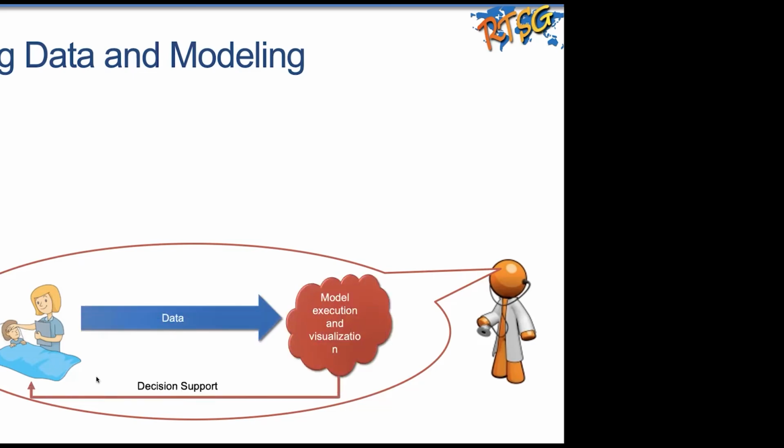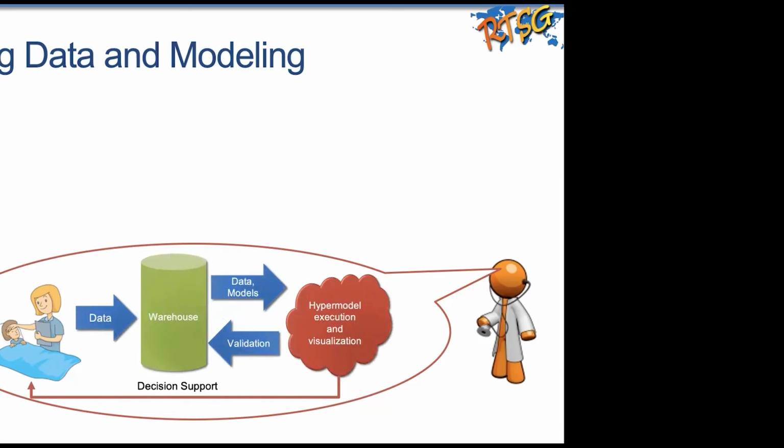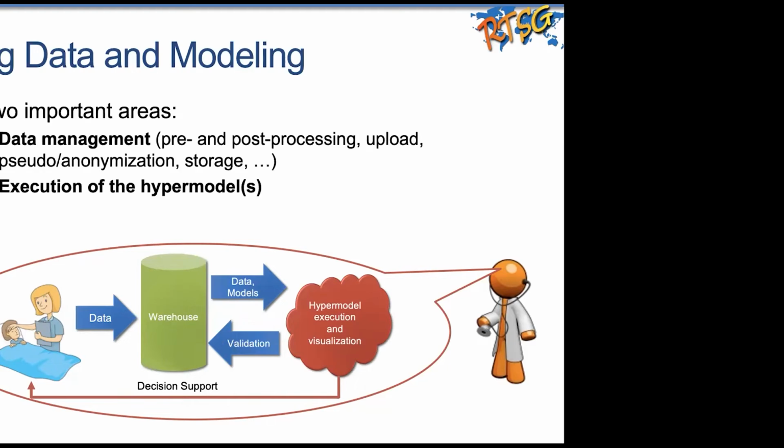And for that, we need data from the patient. We will have the model to execute and visualize the results, and this will lead us to decision support in the patient. So the question is, do we need data in the data warehouse, the data models, put them together and validate them, and then have the decision support?